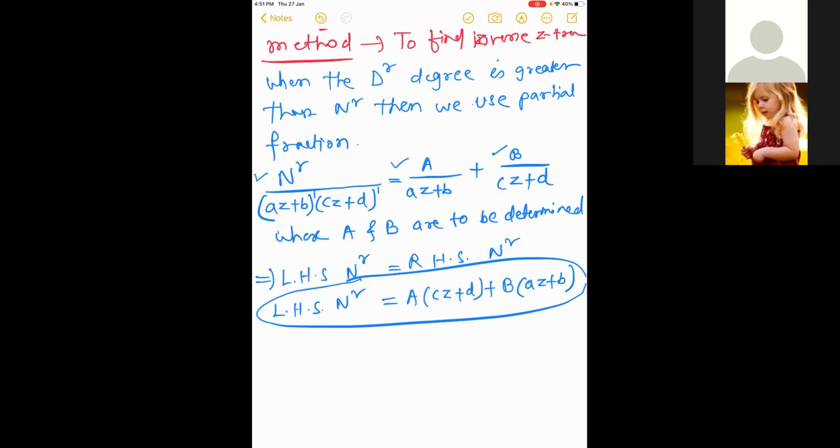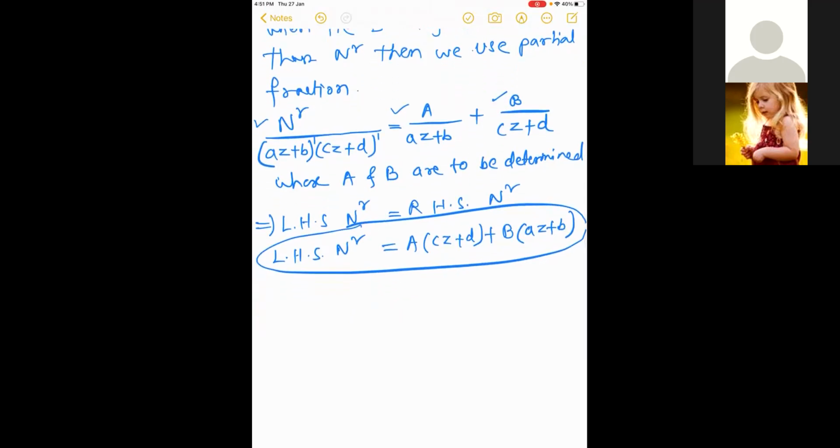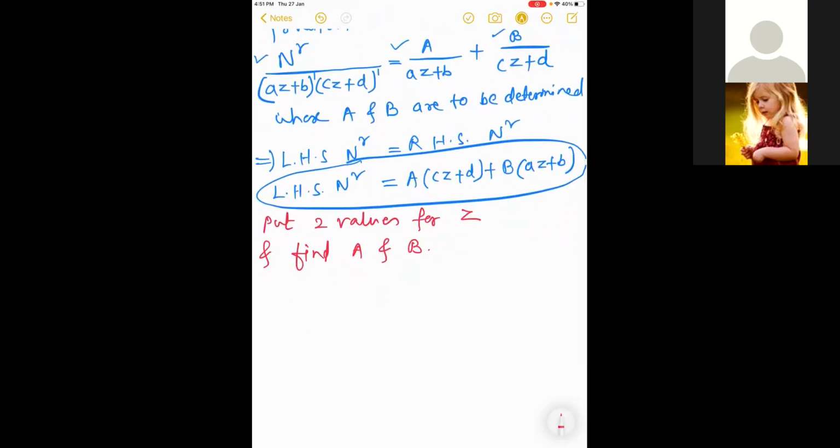So how do we now get the capital A and B answers? For that, we will put two values for this z and find A and B, because you will be getting two equations in capital A and B, and they will give you the answer for A and B. Then you put these back here, and you will get the answer as a splitting fraction, or partial fraction.